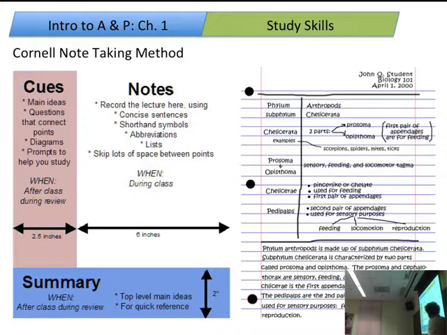And then after class, you go home, you look this over, and you just kind of summarize what the main ideas were there to yourself. Okay, so that's one way of taking notes. I'm not saying you have to do that, but that's a way that works for people.